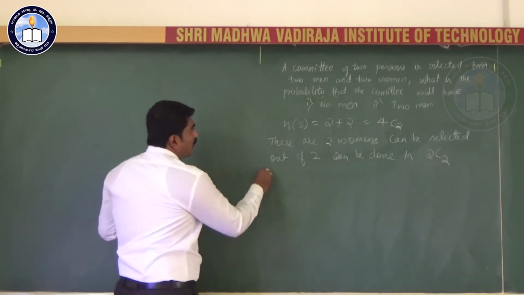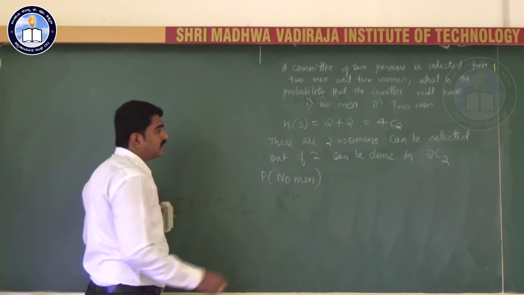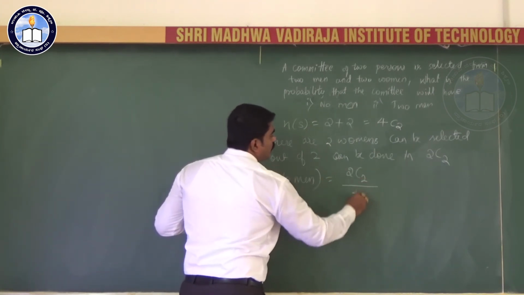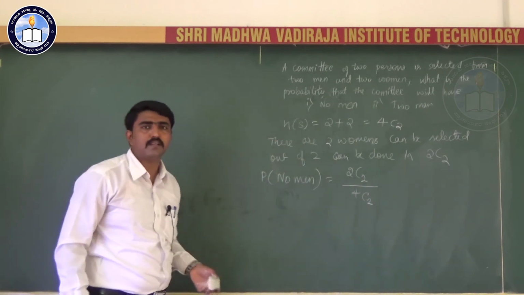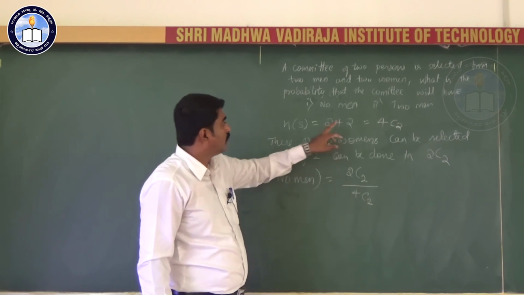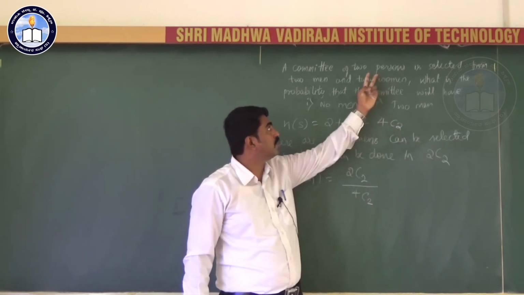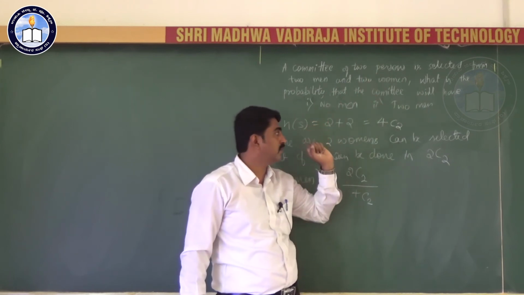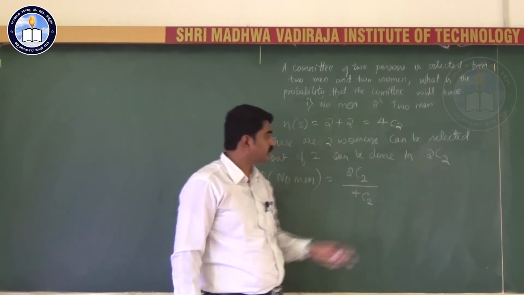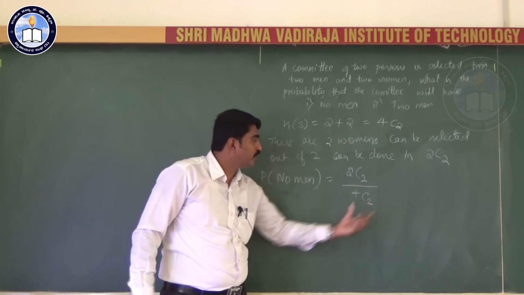Then the probability of getting no men is 2C2 divided by the total. A committee is to be made by selecting any 2 persons out of 4 people, so n of S is 4C2, and 4C2 ways you can do it. Therefore the probability of getting no men is 2C2 by 4C2.